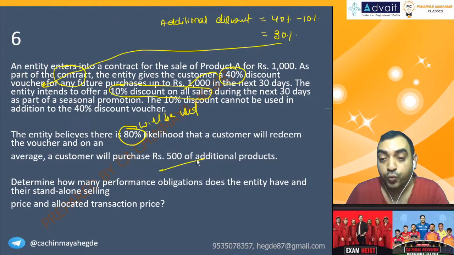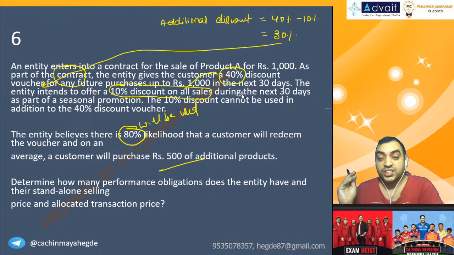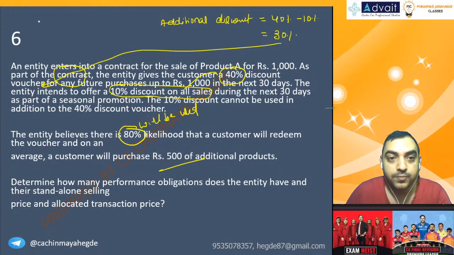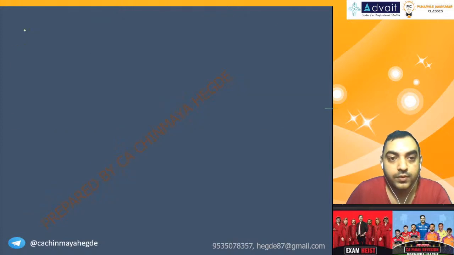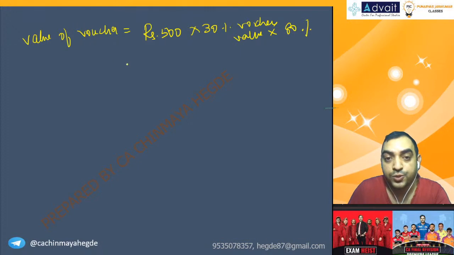So what is the value of the voucher? Average price 500 multiplied by 30% voucher value, and not everybody will use, only 80% of the people are likely to use.